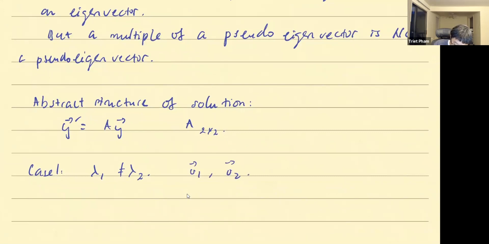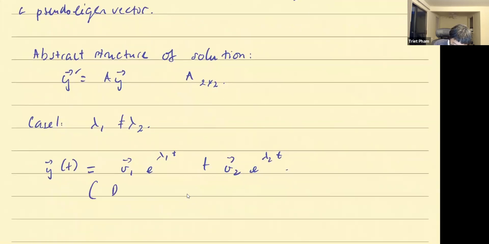I consider a solution of the form y(t) equals, hold on, sorry. Suppose I don't know what the solution is, but I know lambda 1 is not equal to lambda 2. I consider my solution to be of this structure: v1 e to lambda 1 t plus v2 e to lambda 2 t. Suppose I don't know what v1 and v2 should be.